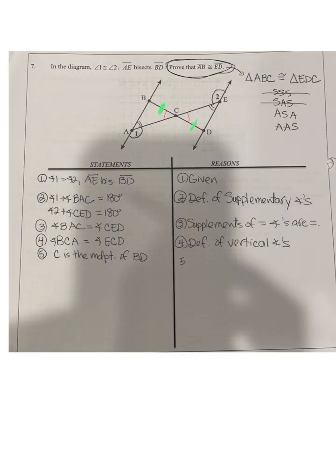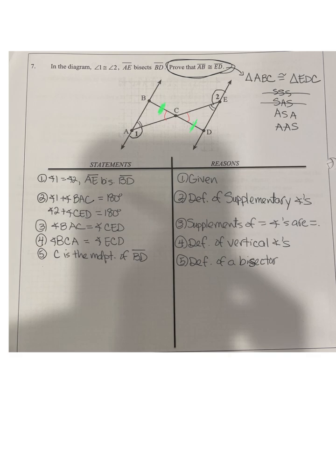How do I know that? Definition of a bisector. So what a bisector does, it cuts something in half, and C would be that middle point. So we have to state that C is the midpoint of BD first. That's what I think. Your teacher may not do that, and if your teacher doesn't, totally okay.